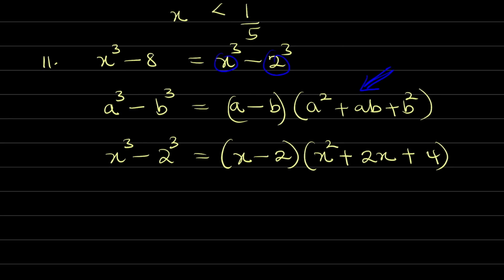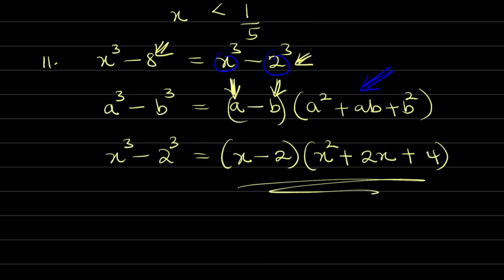And that is our final factorized expression. The most important thing I did was to break down this 8 into the form 2 raised to power 3. So we now have our a is x and our b is 2. Just go ahead and substitute that into the whole brackets and you have this.